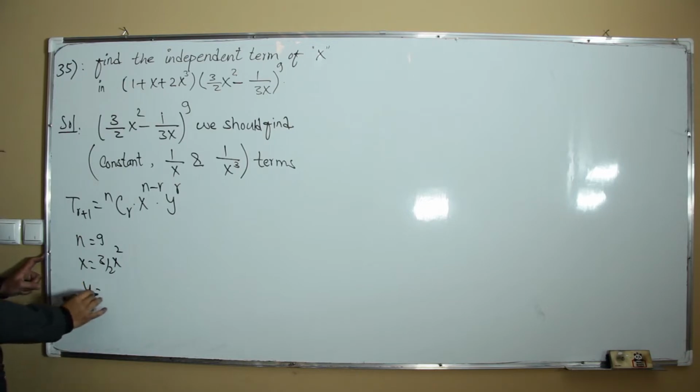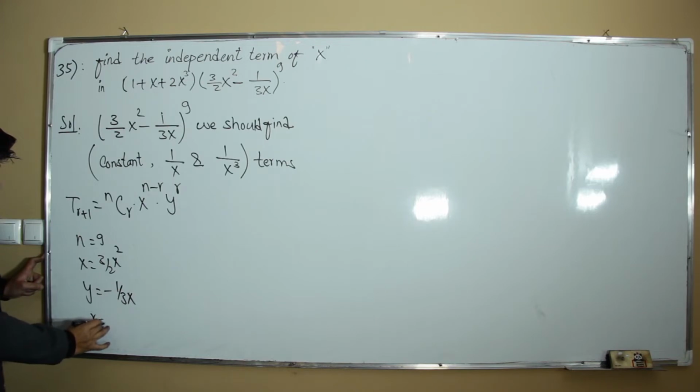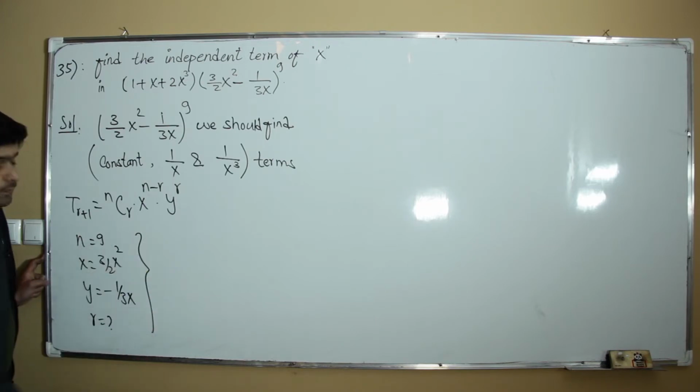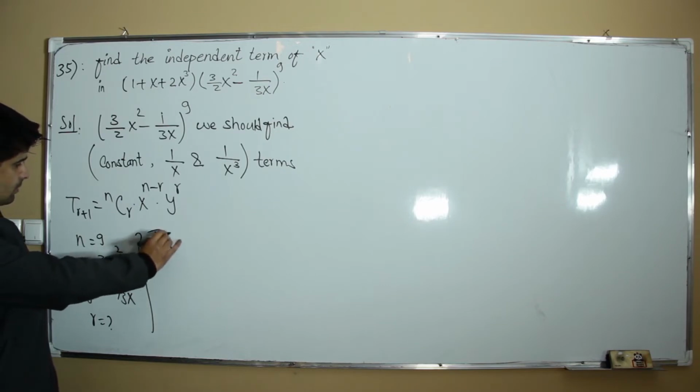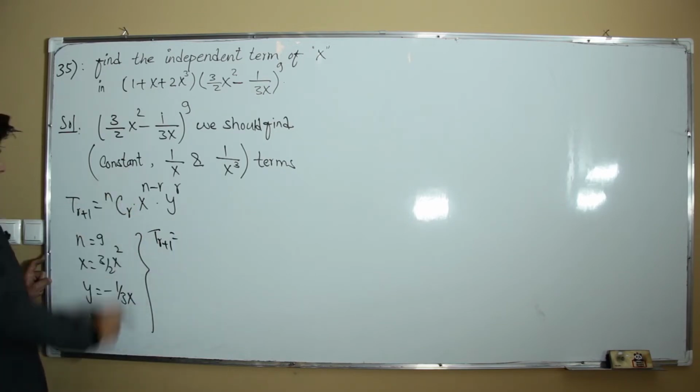You know y, which is minus 1 divided by 3x, but you don't know r. So put in this equation t r plus 1 for the constant term.